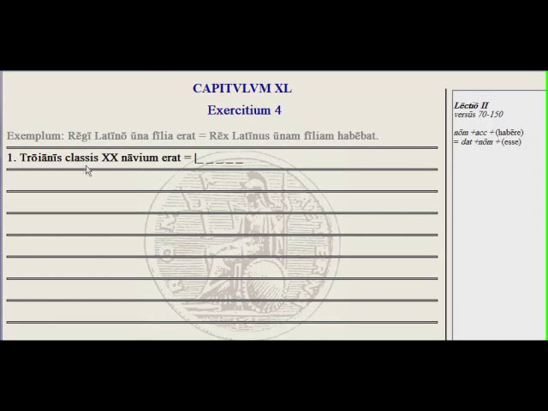So Trojanis classis vicentesimarum navium erat. There, to the Trojans, there was a fleet of 20 ships. And that's the same as saying that the Trojans had a fleet of 20 ships. And so we want Trojans in the nominative. So Trojanis becomes Trojani.